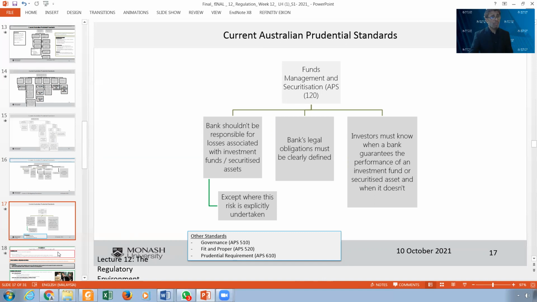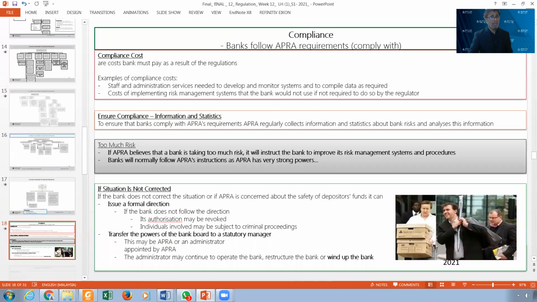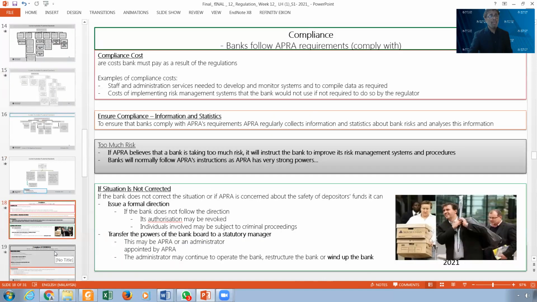Now let me come to compliance. There is a compliance cost. Compliance means you have to carry out and apply the standards, and that is costly. Why? Because you have staff and administration services to do all of this, to develop and monitor systems to comply.